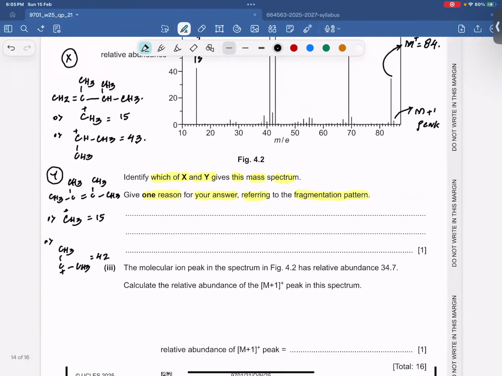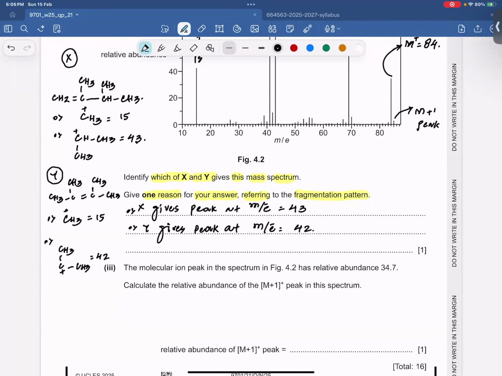So X gives a peak at mass to charge 43. That's my first point. Second point, Y gives a peak at mass to charge 42.